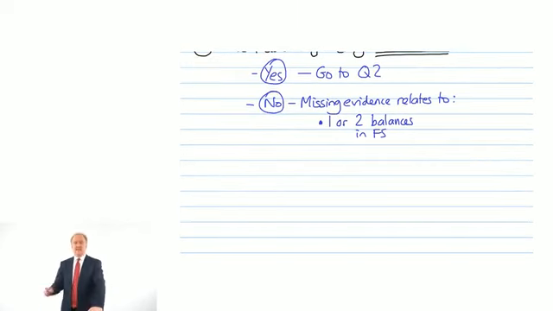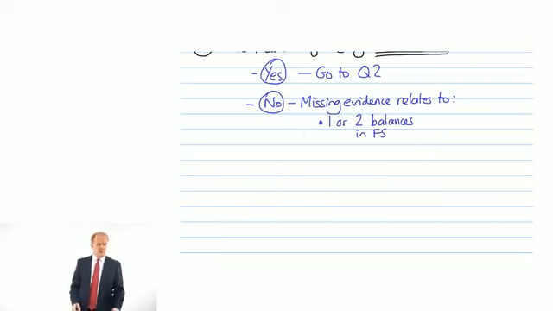Now I've said 1 or 2 to keep life simple. There is no cut-off point with this. It is up to the auditor's judgment as to how many balances it affects and when that becomes a bigger problem. Let's keep it simple and just say 1 or 2 or lots. Let's start with 1 or 2.